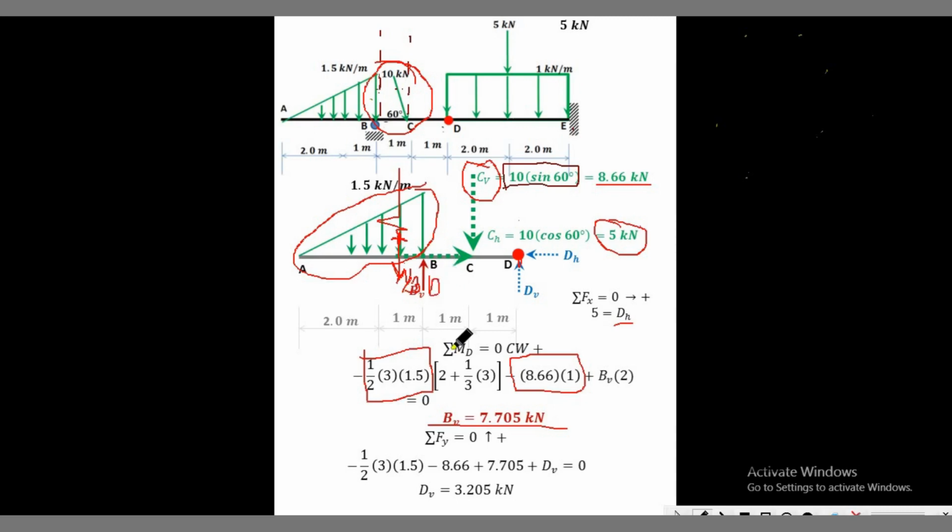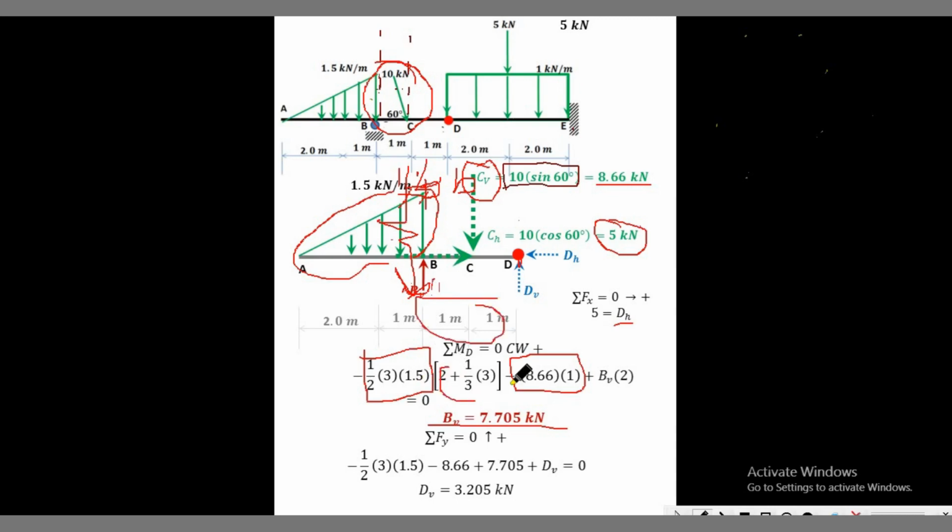So, again, if this is the resultant, yung distance nitong resultant is 1/3 of the base. 1/3 of the base, my base is 3, and you have to add these values.